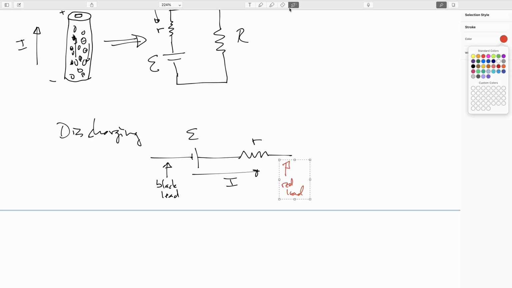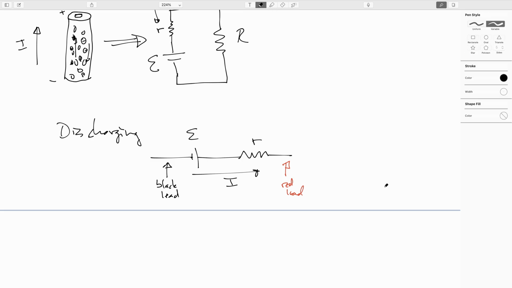And so the voltage you'll read will be the voltage at this point minus the voltage at this point. So even though this isn't a walking back and getting home, we can still add up the voltage differences here.